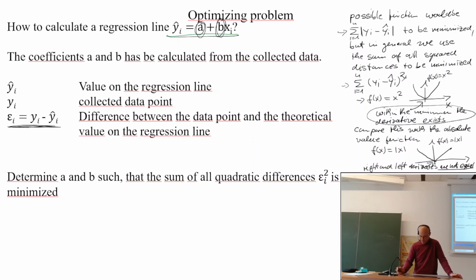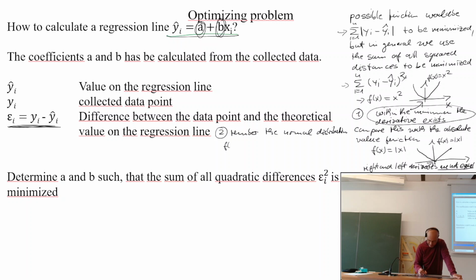So maybe this is just a practical reason, since we want to minimize something. When the derivative exists, this is much easier than if it's not existing. But what else could be the reason? So this is maybe one. Second, remember the normal distribution.